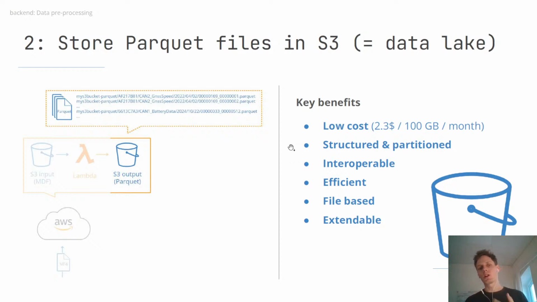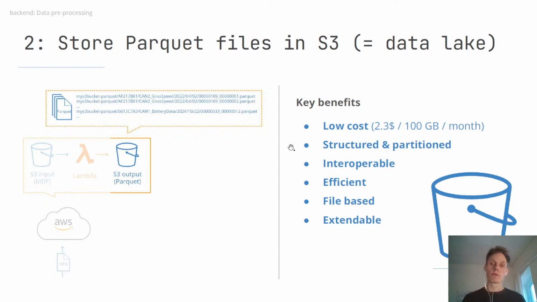But what is really cool about Parquet data lakes is that they are extremely low cost. Just like AWS and storing your raw data is low cost, storing your decoded data in this way gives you a bit of the experience like if you were storing it in a database. So it's very fast to query and very fast to extract information from, but you pay a fraction of the cost that you would in comparison pay by storing this in a classic database in the cloud.